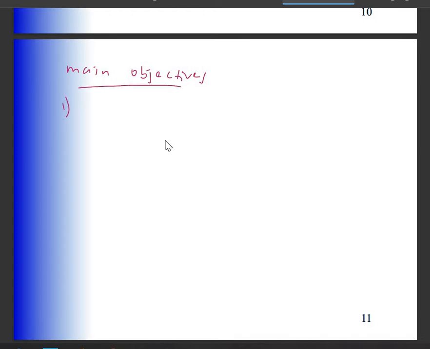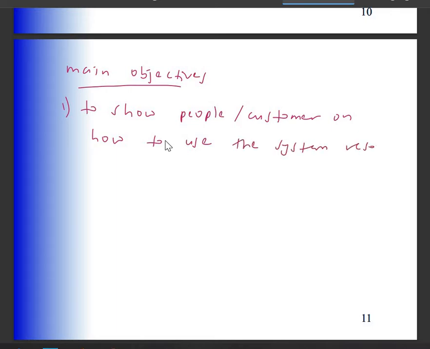Yang pertama ialah kita nak show the customer on how to use the system resource more effectively. Okay, so mungkin dia nak tahu function ni, button ni untuk apa, button tu untuk apa. So kita nak make use of the system resources.